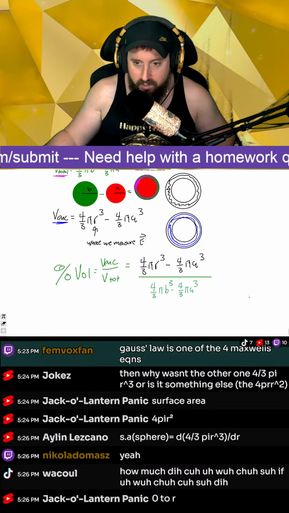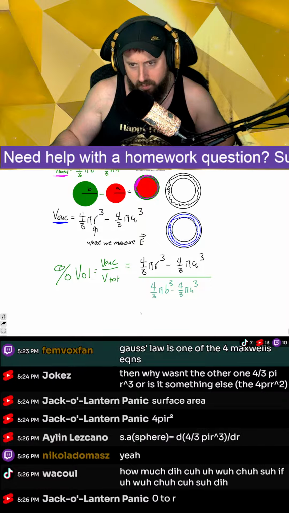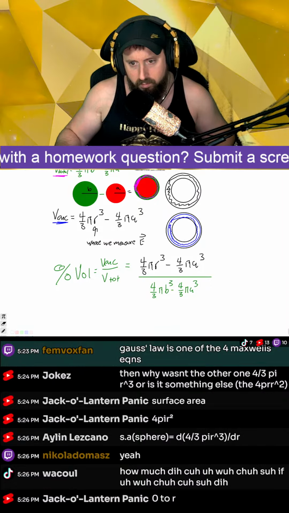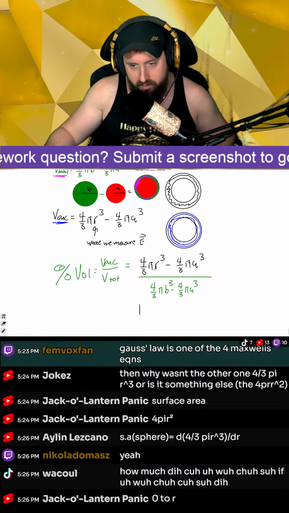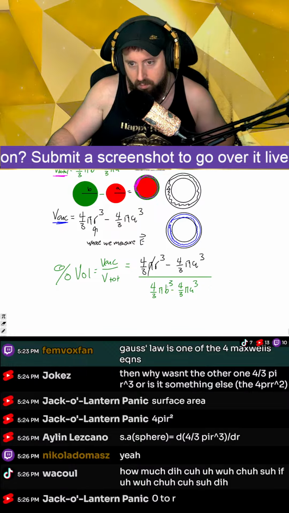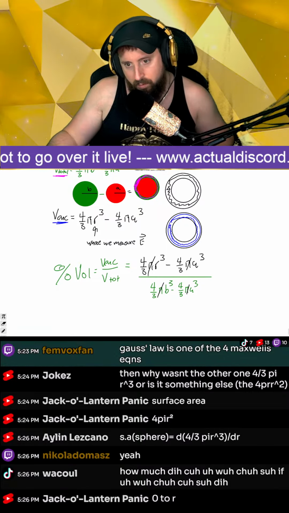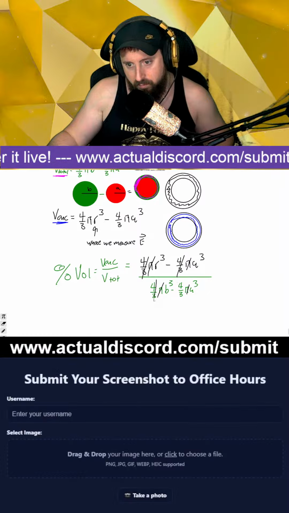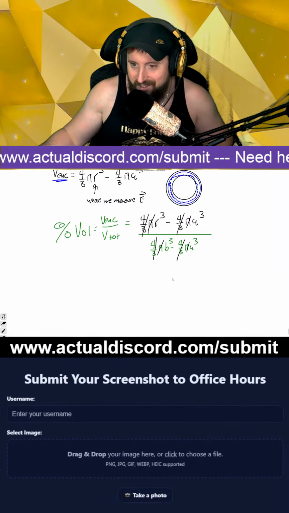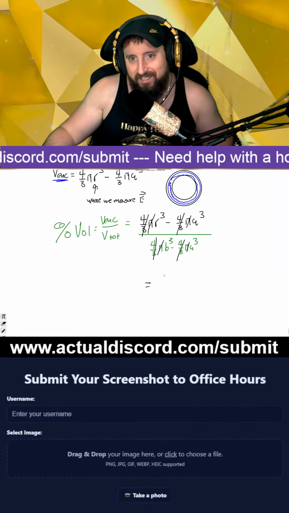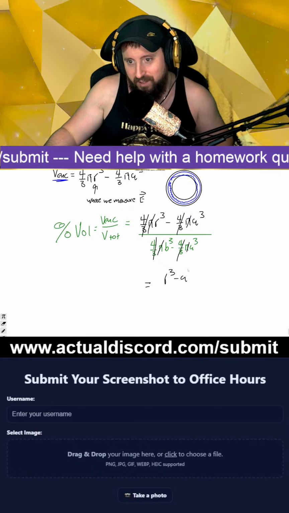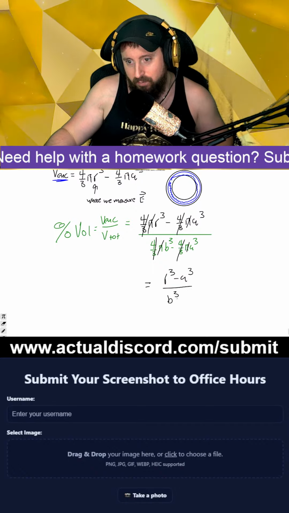The cool thing is, you can actually just pull all the 4/3 out. All the pi's cancel, and all the 4/3 cancel too, actually. Everything goes away. That's actually really nice. R cubed minus A cubed over B cubed minus A cubed.